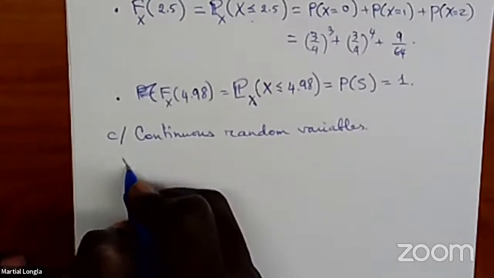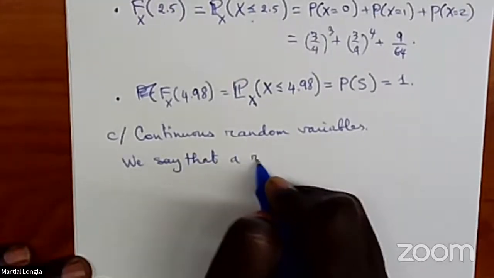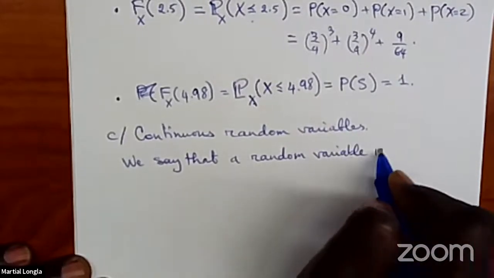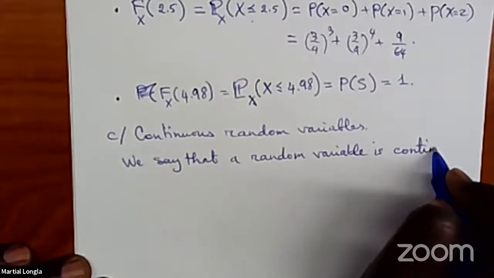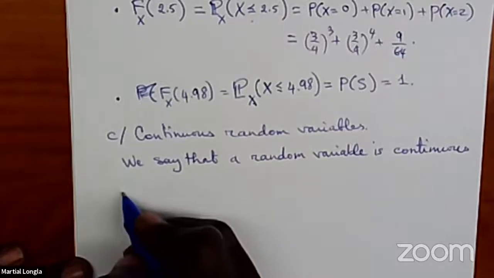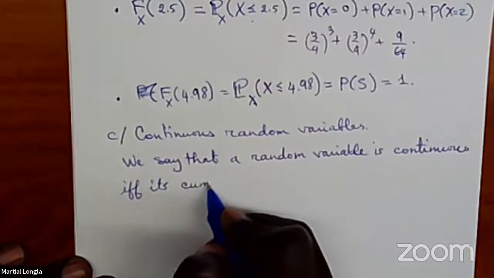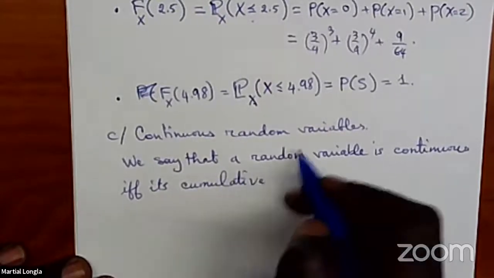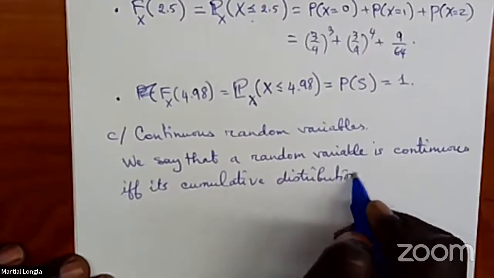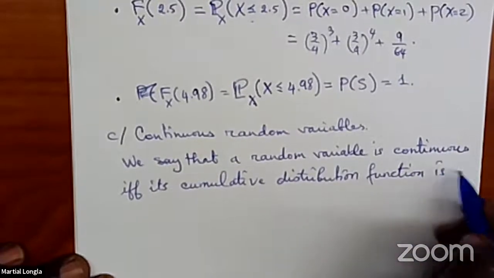So we say that a random variable is continuous if and only if its cumulative distribution function is a continuous function.